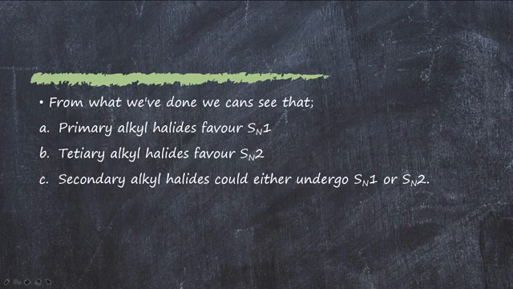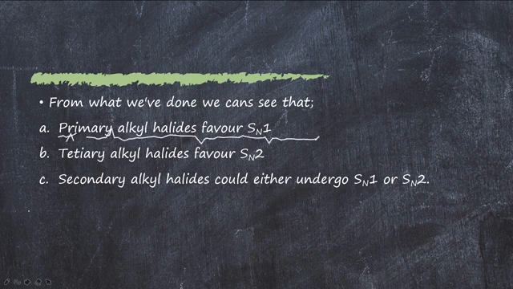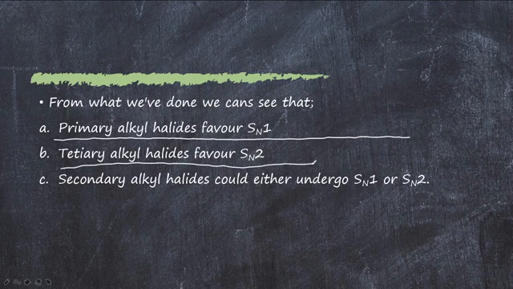So from everything I've explained, we've seen that primary alkyl halides favor the SN2 reaction mechanism, tertiary favors the SN1 reaction mechanism, and secondary could undergo either SN1 or SN2, depending on what factor you subject it to.